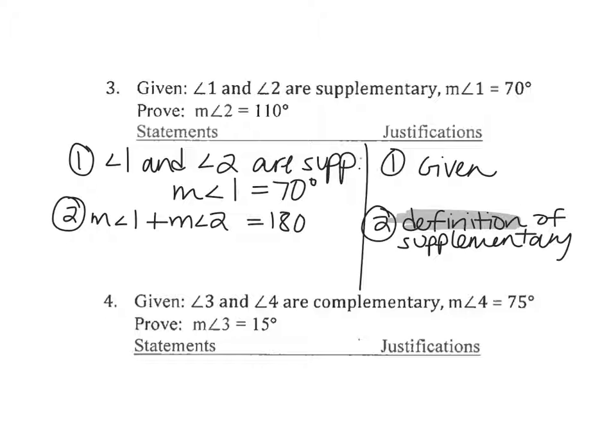Next thing you should do is substitute if you can. Could someone tell us what can we substitute and where? Yeah, measure of angle 1 is what? 70. So instead of writing measure of angle 1, we'll put 70. 70 degrees plus measure of angle 2 equals 180.